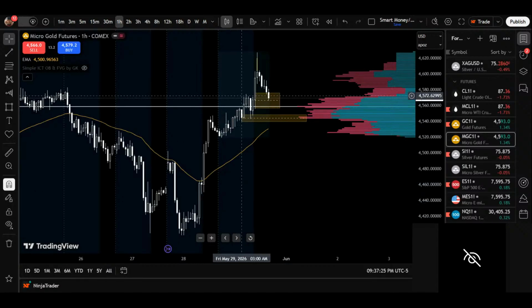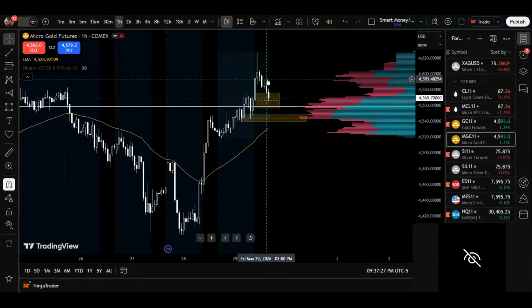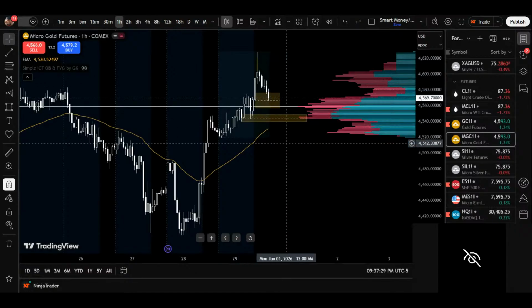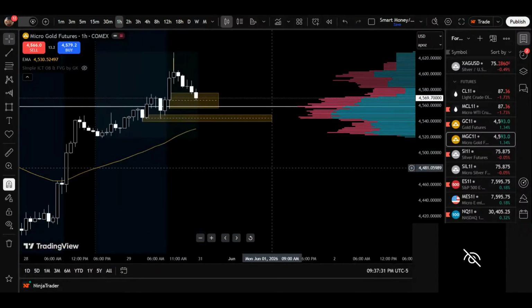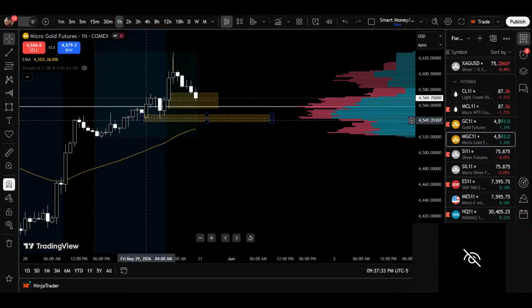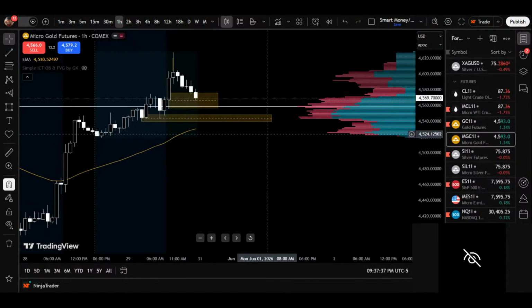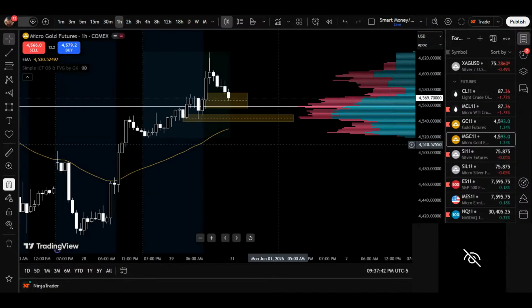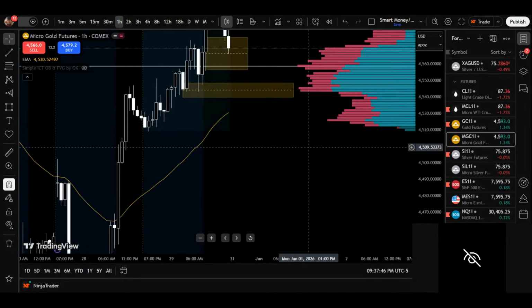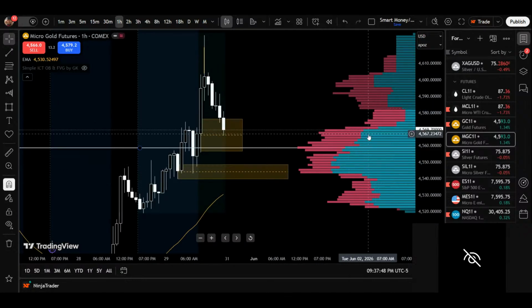You get the indication, which is a breaker structure. I wait for the pullback down into the internal range liquidity, which is either the fair value gap or the order block / supply demand zone. Another thing I have added to my arsenal is the volume profile, because I did notice something.